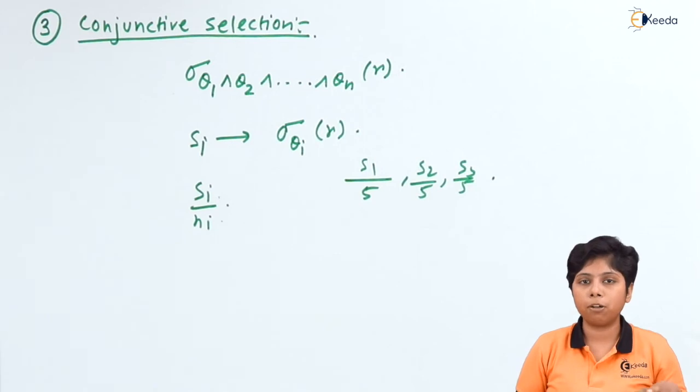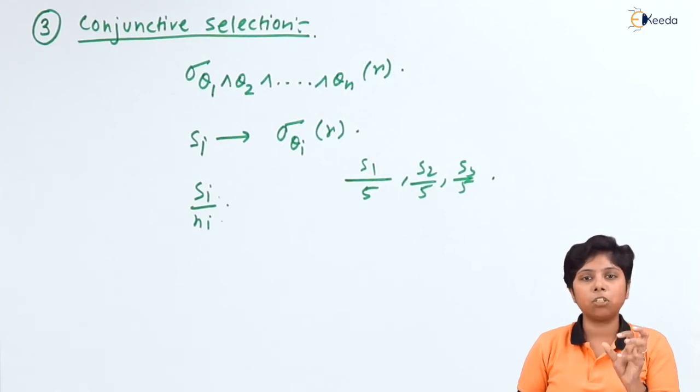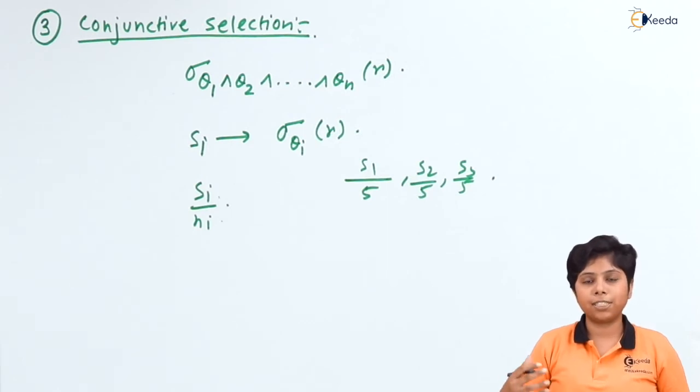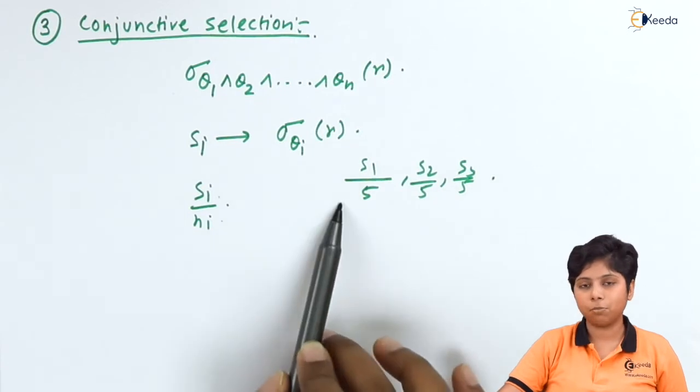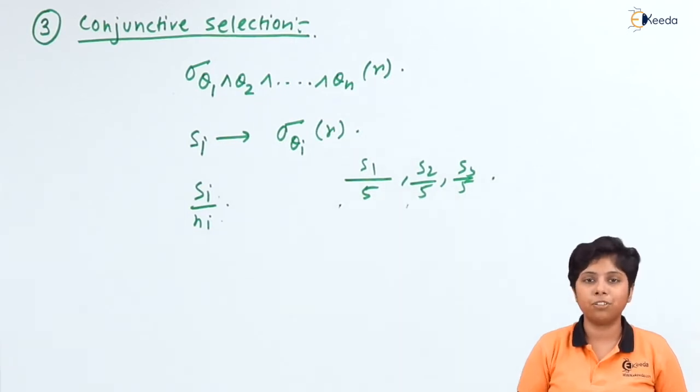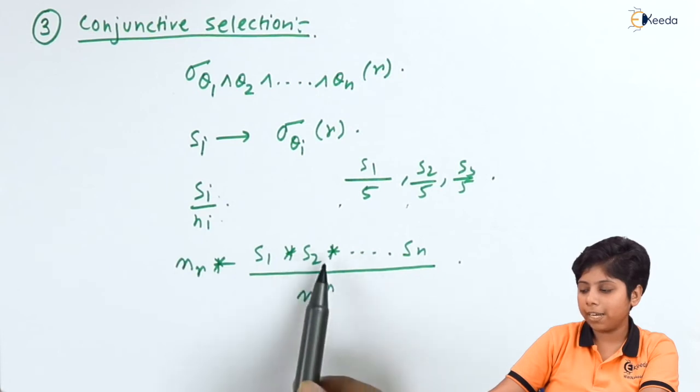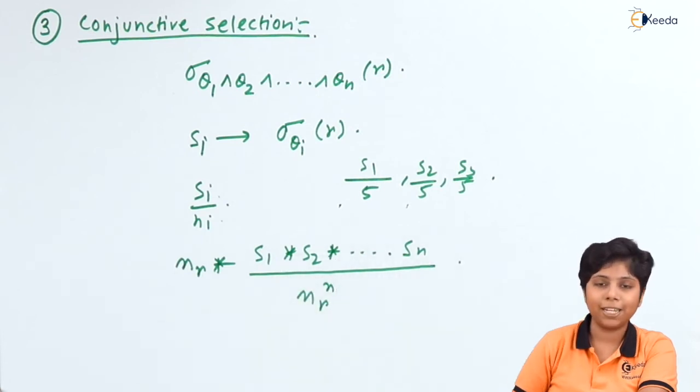Whenever we are talking about conjunction, that means the intersection. When we take this intersection, only the part that is common to both of these predicates is taken. Suppose I want the instructors whose salary is greater than 50,000 and city equals Mumbai. We will first calculate the probability of city equals Mumbai, then the salary greater than 50,000, then combine both. So what is the final probability? It is s_1 by n_r multiplied by s_2 by n_r multiplied by s_n by n_r, like this.